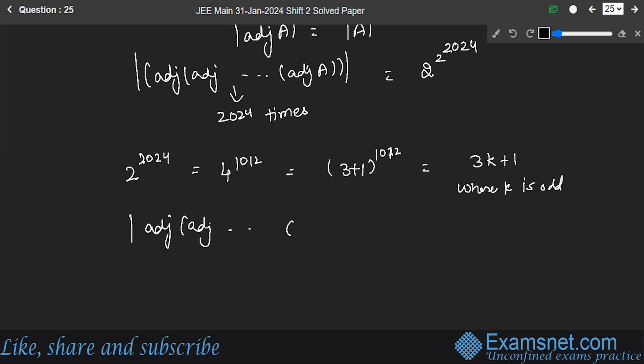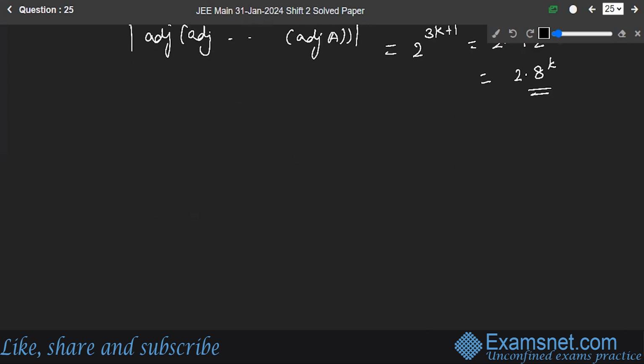Therefore, the determinant of adjoint of A is equal to 2 power 3k plus 1. This is equal to 2 power 3k into 2, or this will be 2 into 8 power k, right?